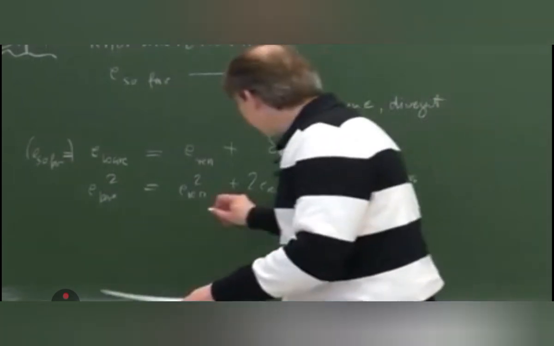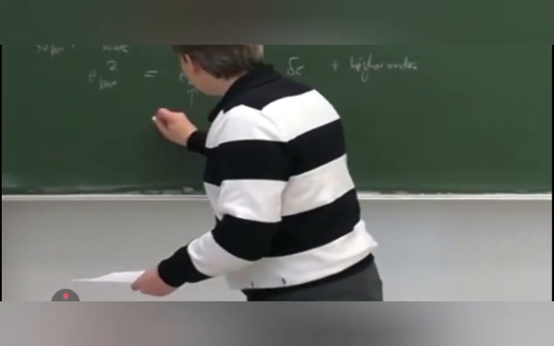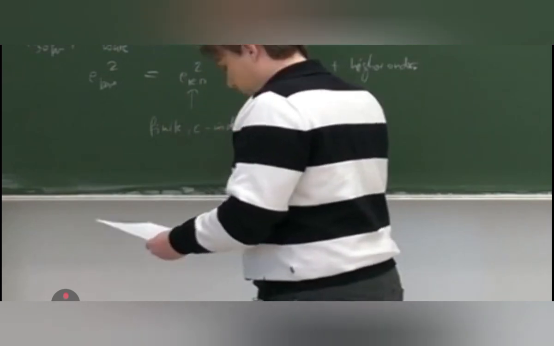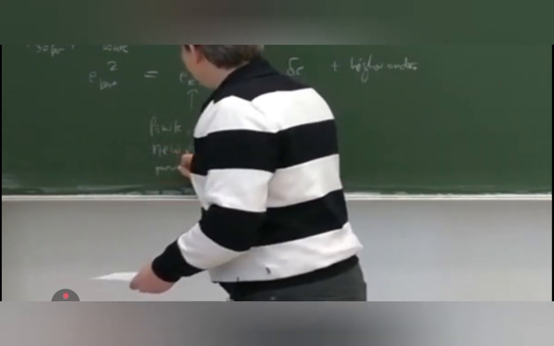So let me write here some remarks. As we discussed, this is by definition, we require it to be finite and epsilon independent. And this will be the new expansion parameter of our perturbation theory.